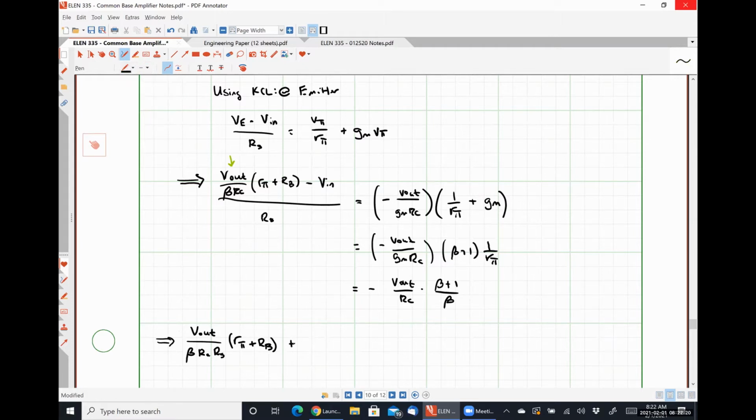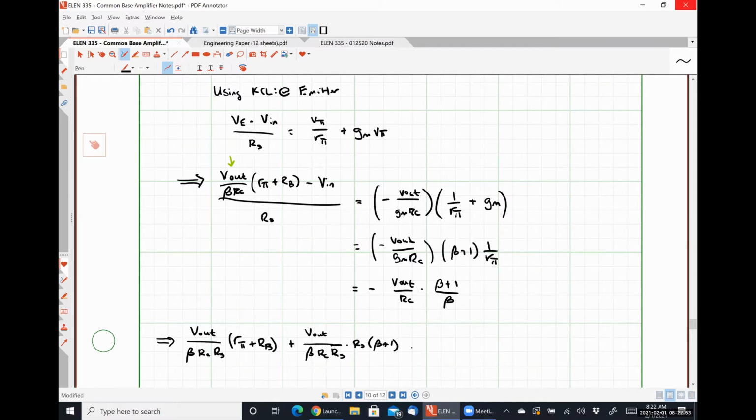Plus V out over beta RC. And so what I'm going to do right here is multiply by RS over RS so that I have a common denominator.